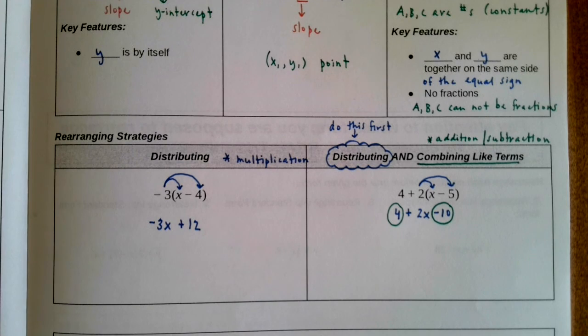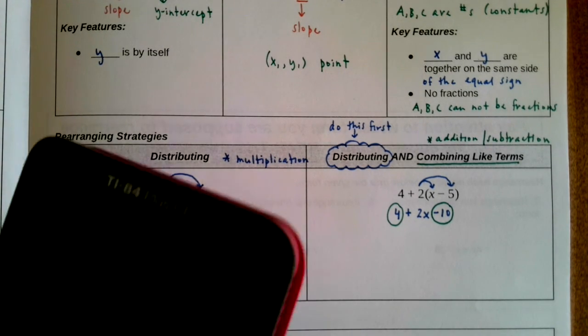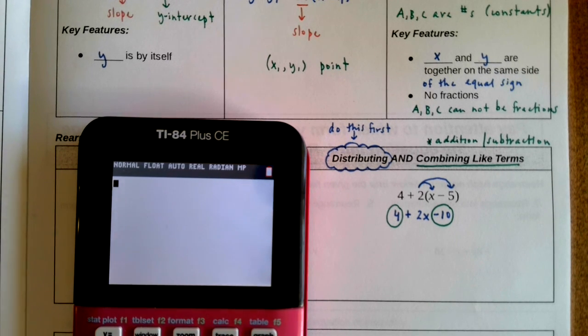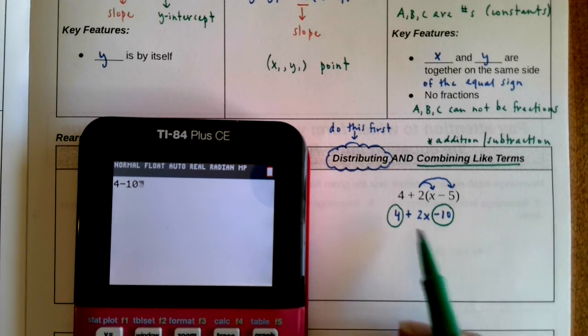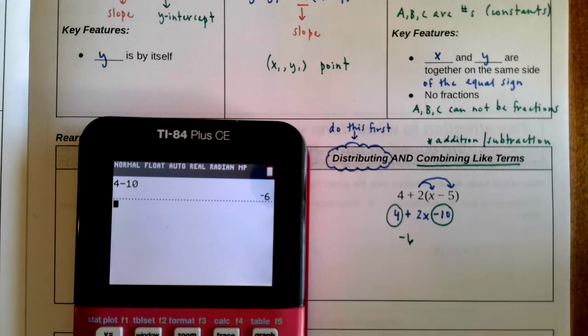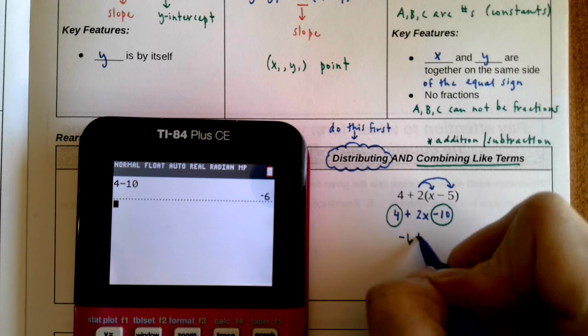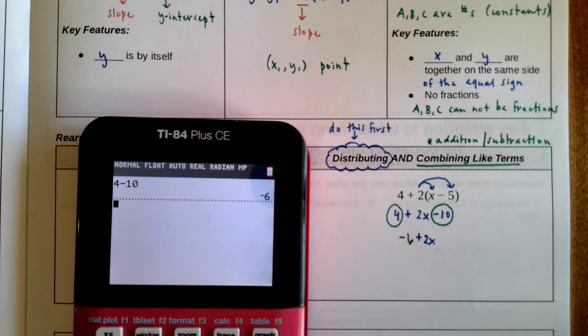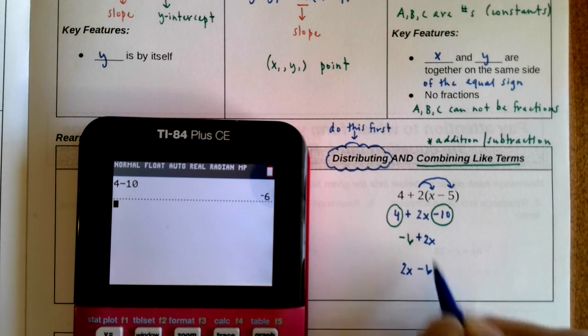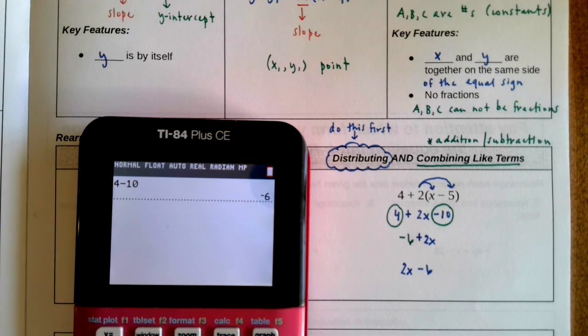I'm going to be really careful with my signs there. So for this, I'm just going to subtract. So what we would have here is just 4 minus 10. I'm going to type it in exactly how it looks, and I get negative 6. And then I'm going to bring down that plus 2x. Now that's the same as 2x minus 6. Either one would be correct.